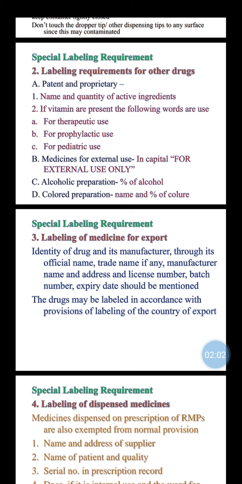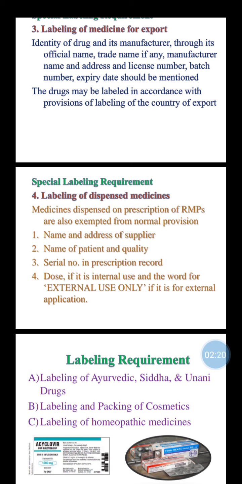Next is labeling of dispensed medicine. Medicine dispensed on the prescription of an RMP, that is a registered medical practitioner, is also exempted from the normal provisions. The label needs the name and address of the supplier, name of the patient and quantity, serial number in the prescription records, and dose if it is for internal use.